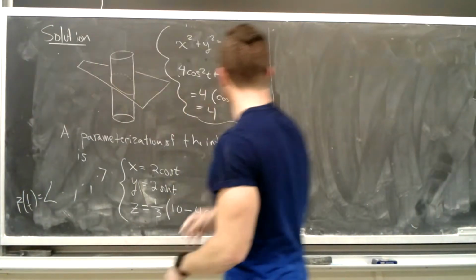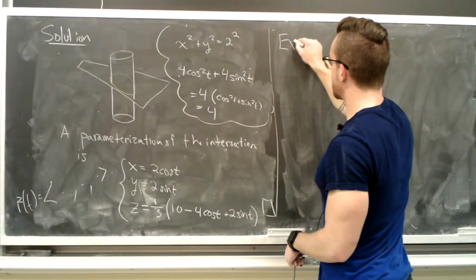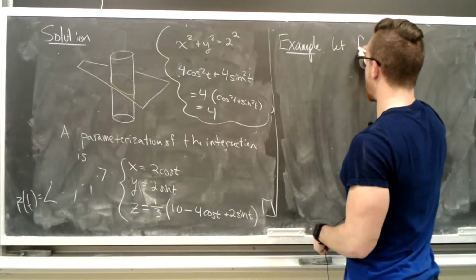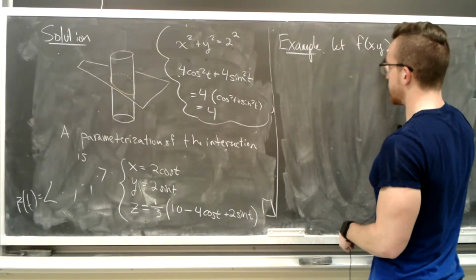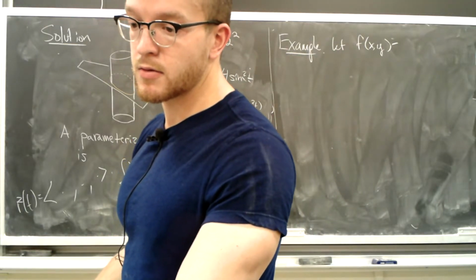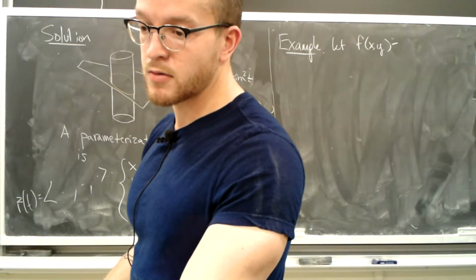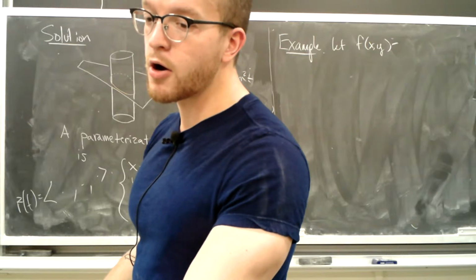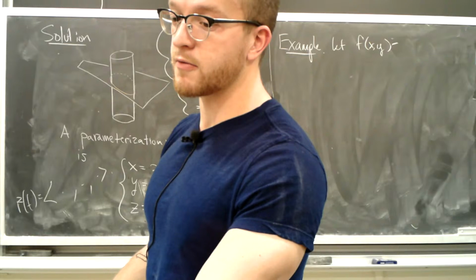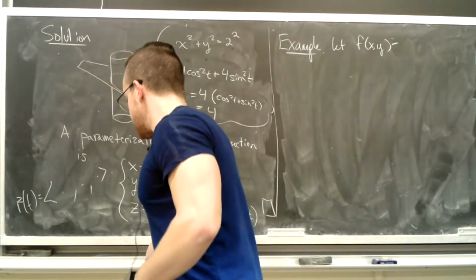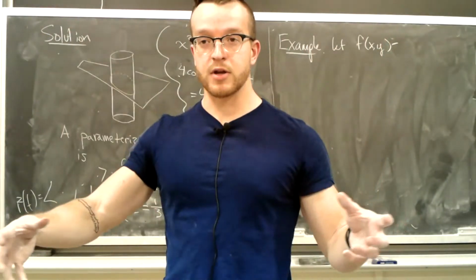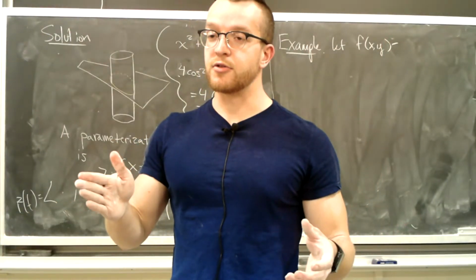So the function's going to be f of x y be... oh, right. So the idea there was that if you get a scenario where you have all three variables in both equations, what I would do, it kind of depends.